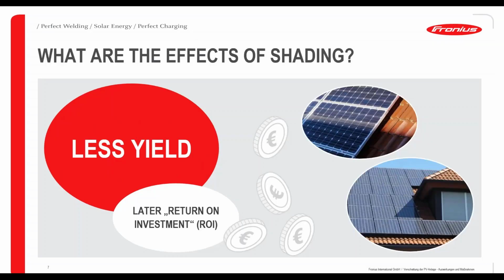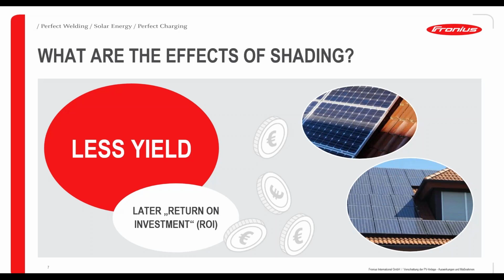All right, then the next question we want to answer: what are actually the effects of shading? The main topic with shading is that we have less yield. That's actually the biggest topic because the owner of the system has a later return on investment, which means he needs more time to get his investment back through the production of the system.